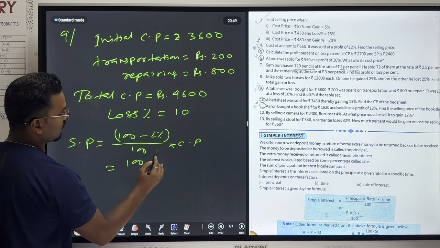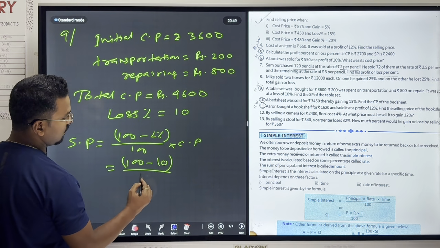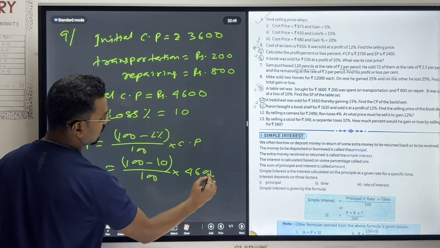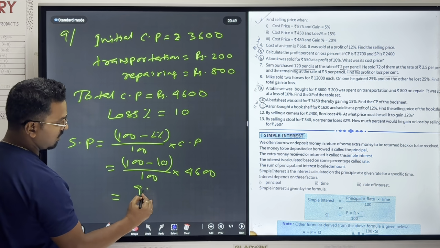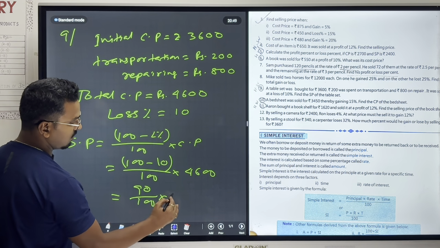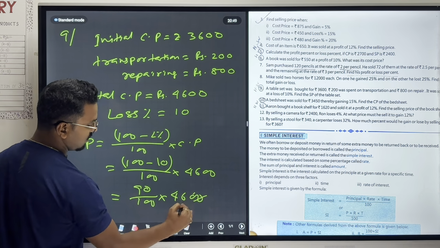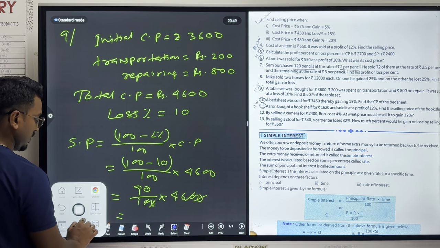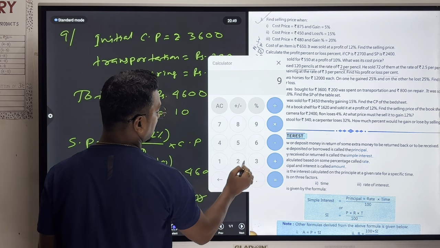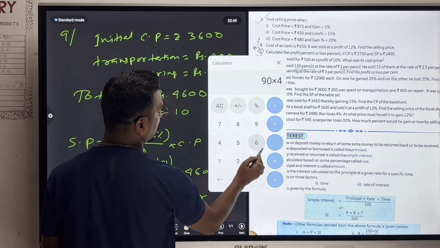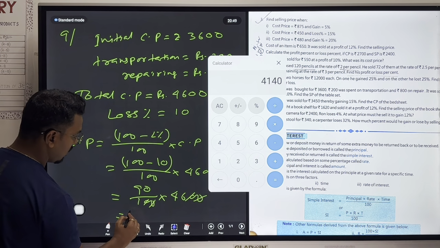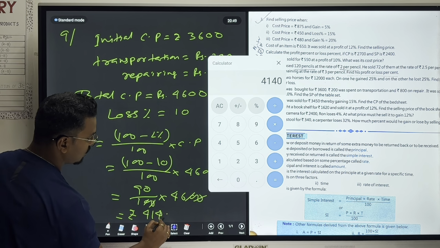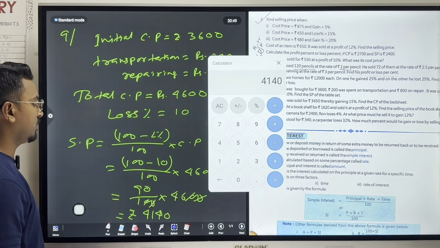So 90 by 100 into 4600. Cancelling, 90 into 46, which is 4140. So the selling price is 4140.